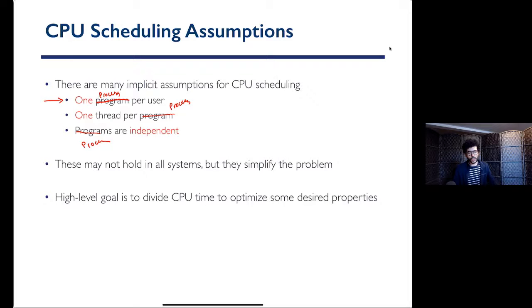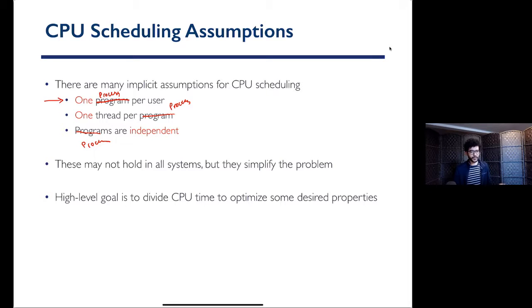If you're doing operating system design, usually the system is being used by a single user. For example, for your laptop or your tablet or your cell phone, there is a single user at any given time using the system. So you don't need to care about users. You can care about processes, for example.